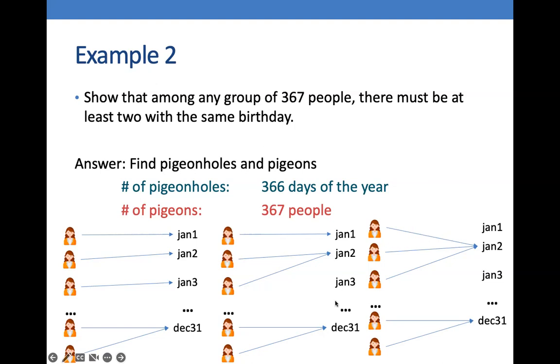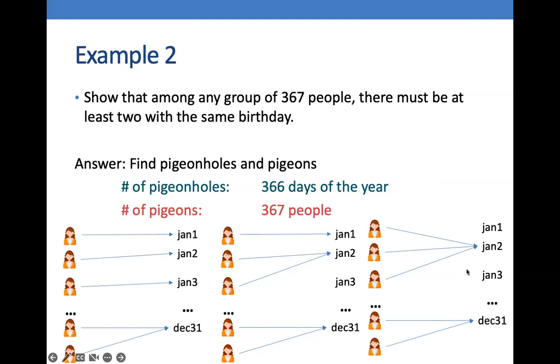So assuming there will be days without anyone celebrating their birthday, and there will be days wherein there are at least two people who are celebrating the same birthday, like in January 2 as well as December 31.